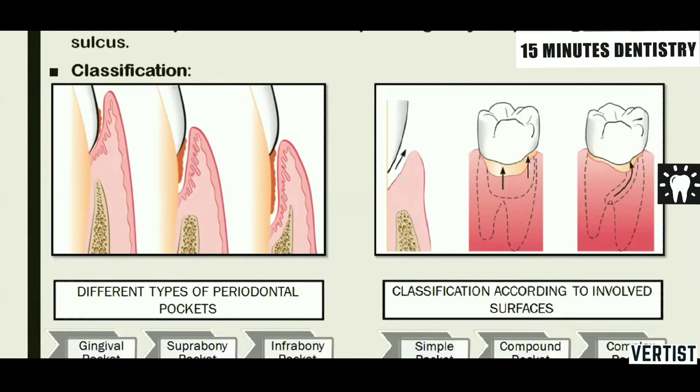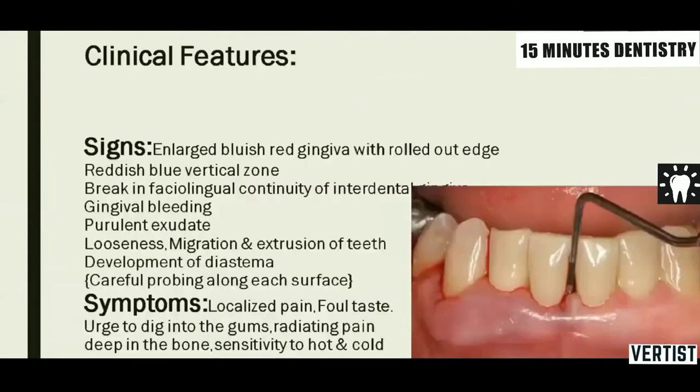If the pocket is present on more than one surface, two or more, then it is called a compound pocket. The third one is a complex pocket, which is seen in the bifurcation and trifurcation areas of multi-rooted teeth, where the pocket originates at one place but takes a spiral route, and when you probe, you will find the origin at some other surface. These complex pockets are generally seen in the bifurcation areas.